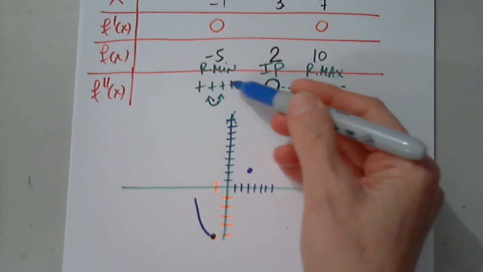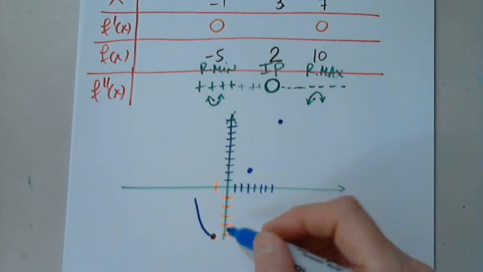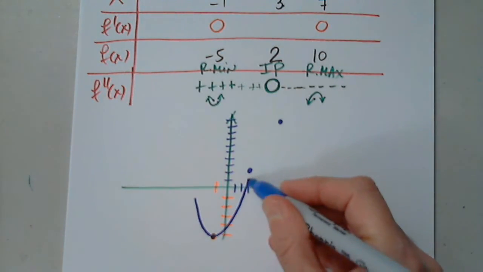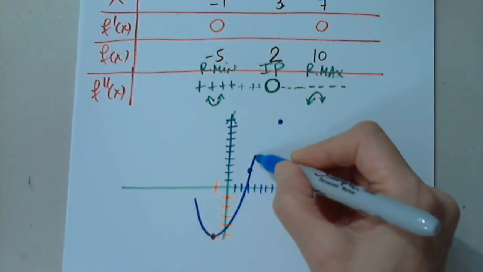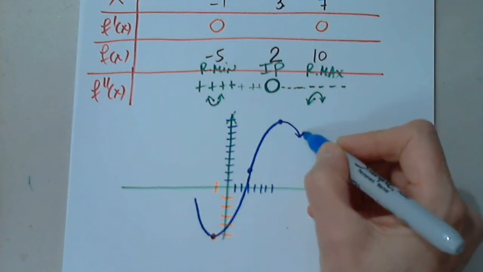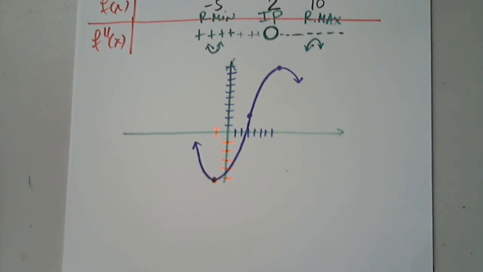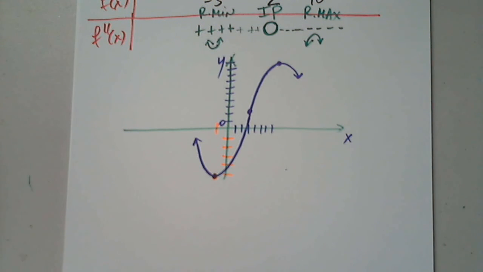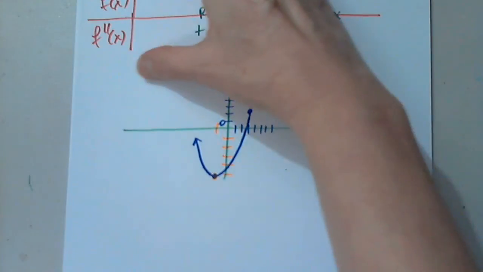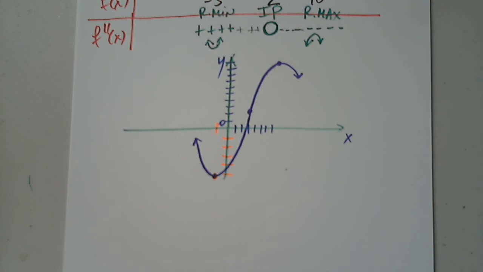Increasing to, holding water to the inflection point. Changing concavity. Reaching a relative max. And it's done. I don't have to do anything else. So this is the importance of the table.